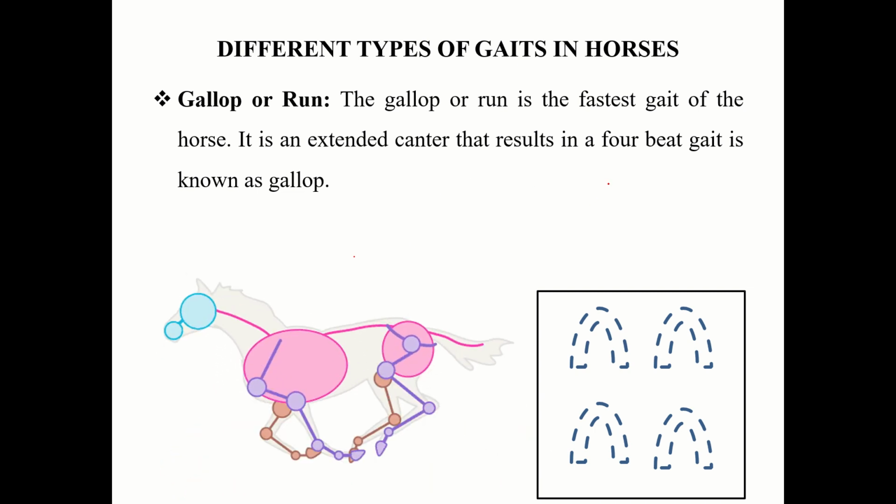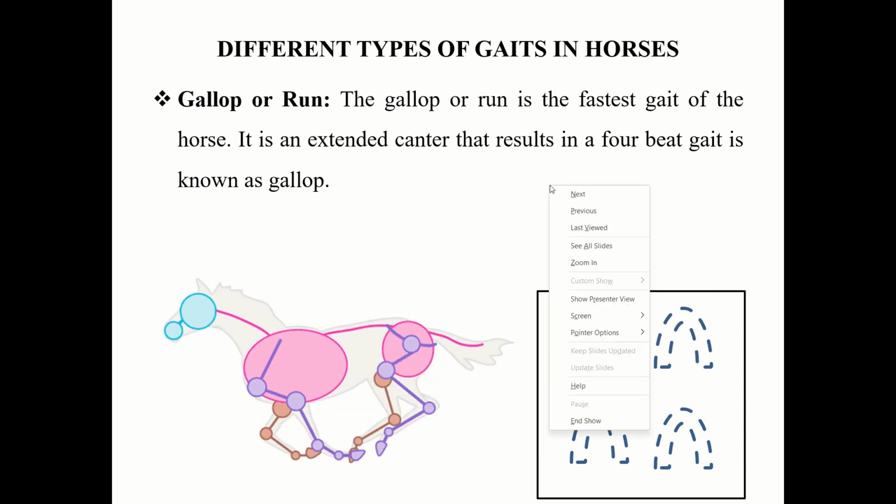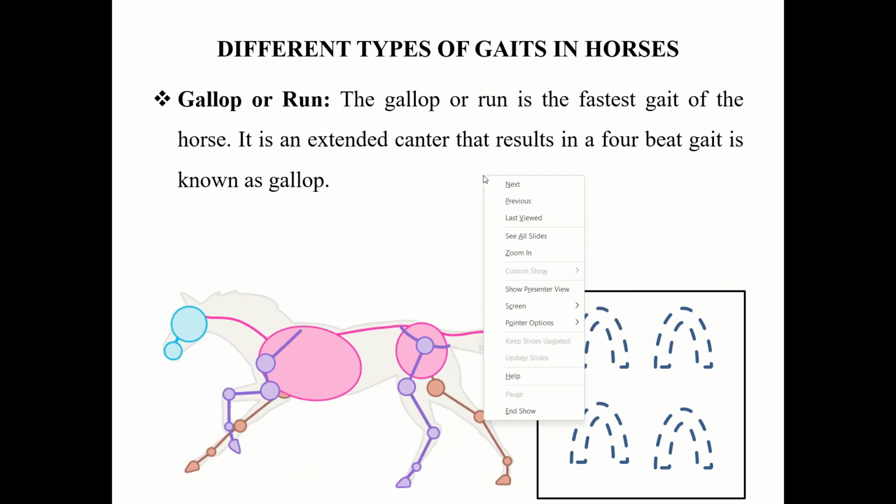Here I am going to pause the GIF again. See, all the legs are in the air. Similarly, what happens in canter, see over here, these three legs are on the ground while this purple left foreleg is in the air.